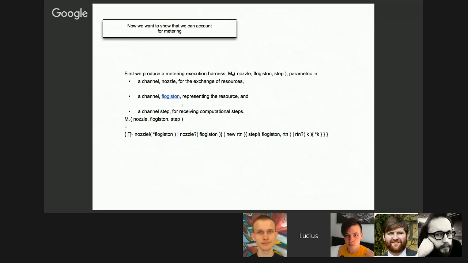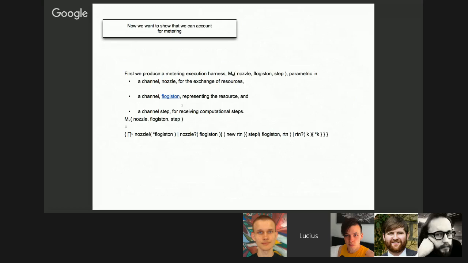But the basic idea is that you've got a channel for the exchange of resources, a channel that represents the resource, and a channel for receiving computational steps. And then when you get enough of a resource, you can make a computational step. The critical point of all of this is that receiving a computational step is actually receiving the code of a process.